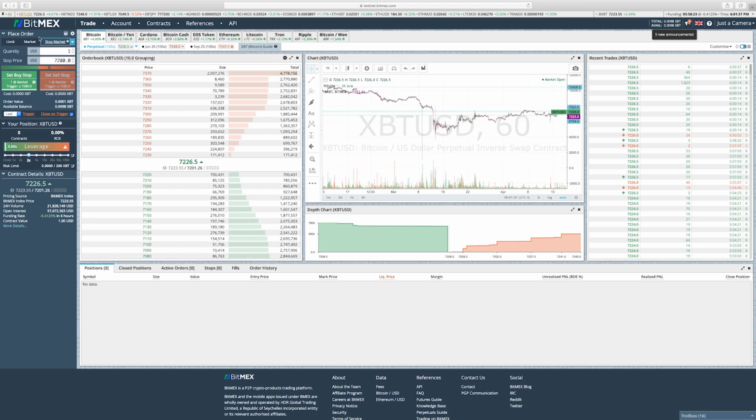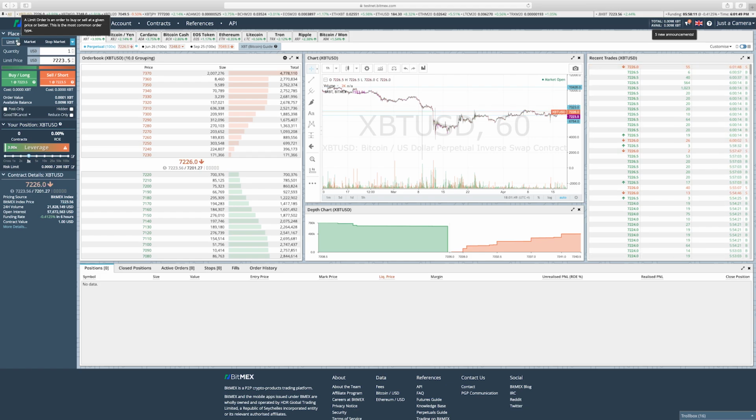So let's start very simply with limit order. We can click this. Now we can hover over this question mark, and we know that a limit order is an order to buy or sell at a given price or better. As we look at our market price here, if we're going to put a limit buy, it's going to be below market price. A limit sell will appear up here as it's above the market price.